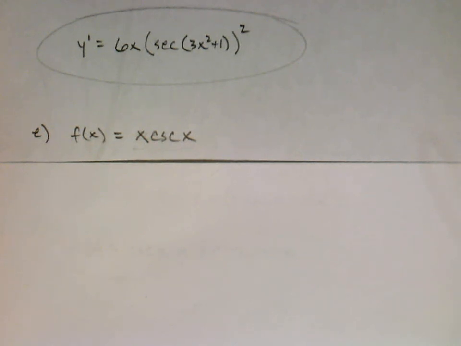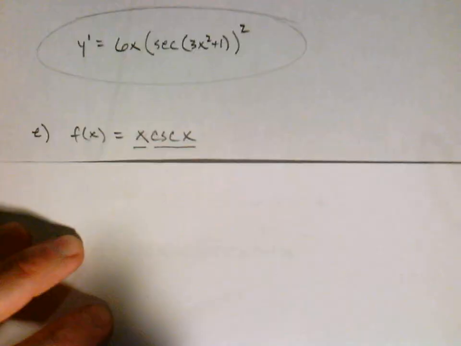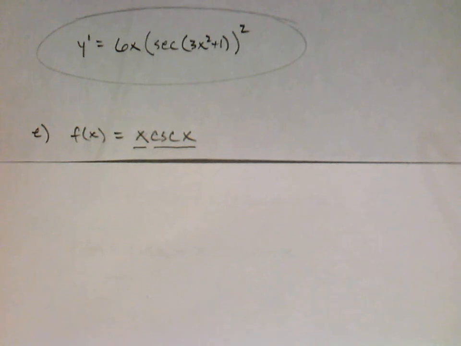Last one, f of x equals x cosecant x. And as you look at this, what familiar rule will apply? Well, if we've got x multiplied with cosecant x, that is a product. We're multiplying these two things, right? So when we do our derivative, we're going to need the product rule.